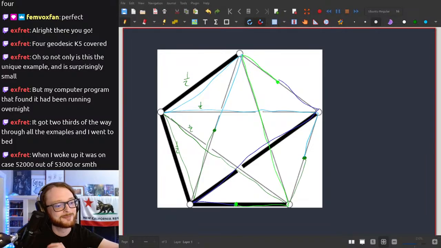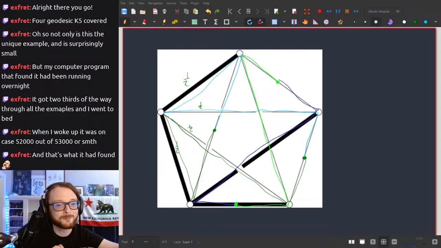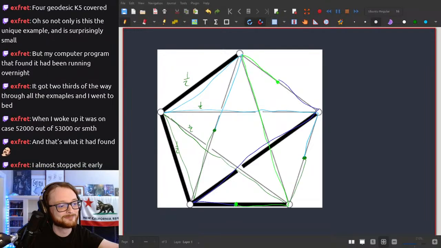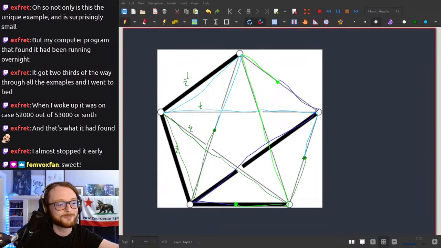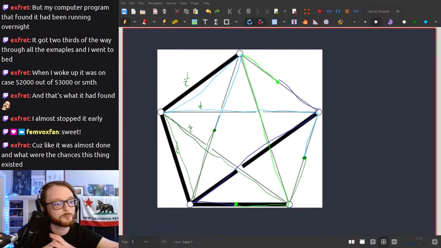Wow, it's a crazy amount of computation to find this. You almost stopped it early. Oh no. Wow, yeah, this is a cool problem, Expert.